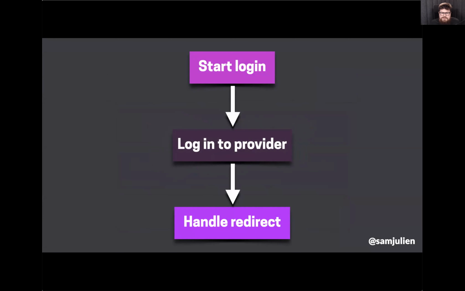Typically what happens is you have a login, it gets triggered by clicking a start button, or maybe just the application loads, and then you get sent over to some sort of provider. That provider is where your user tends to log in, right? And then that provider is going to send them back to your Angular application or your React application or whatever else, and it's going to have to process the redirect.